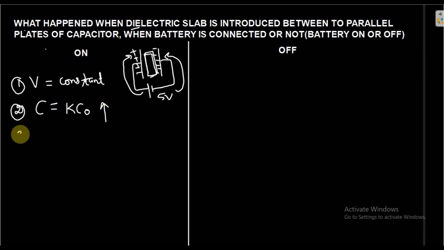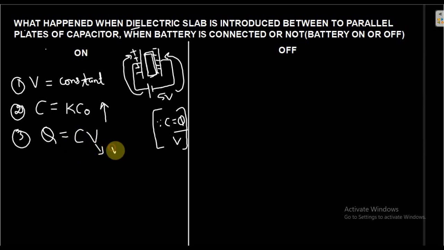The third case is charge. Q is equal to CV, we can write from this formula, because we know capacitance is equal to Q by V. As we know, V is constant when the battery is connected. It is not getting changed, only a constant potential we have supplied here, the same potential across the battery and across the capacitor plates.